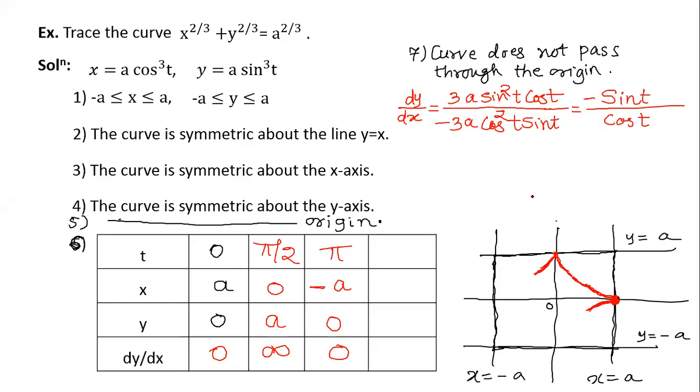So another point x equal to minus a and y equal to 0. That means that there is tangent to the curve at the point x equal to minus a, y equal to 0, parallel to x axis. So it will be like this, and the same at other end also.